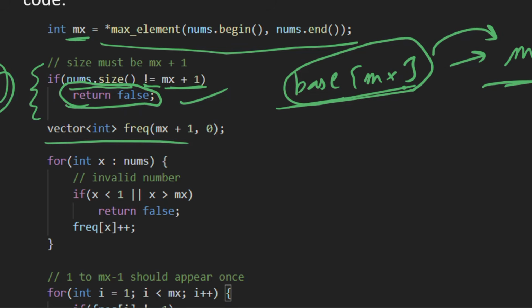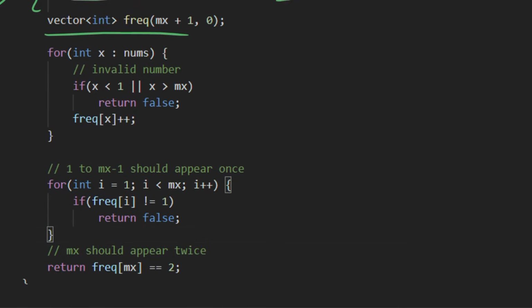Then we have taken a vector of type integer named frequency, and then what we are doing is we are iterating over the nums array, and checking whether the number is an invalid number. In base of mx all the numbers should be in between 1 to mx.